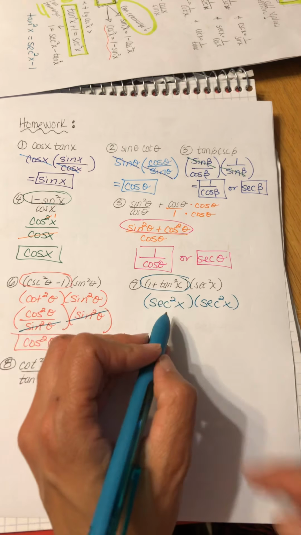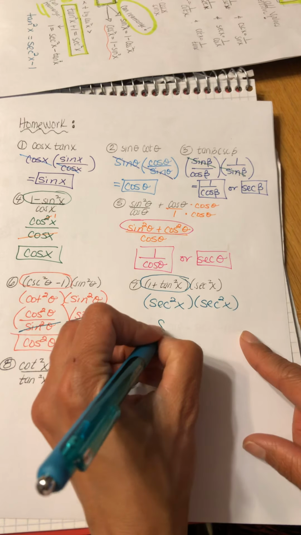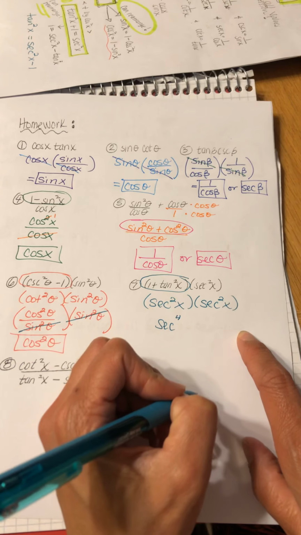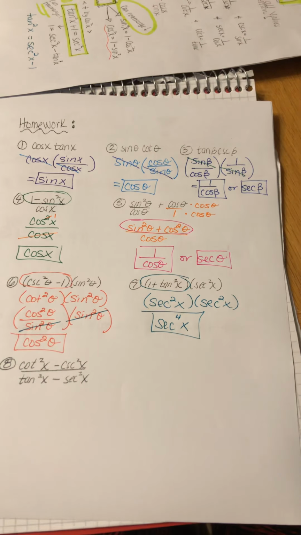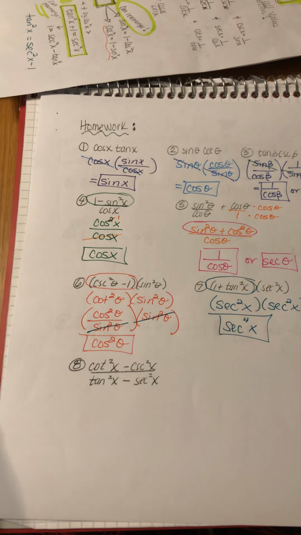Okay, now I have secant squared x times secant squared x. Well, secant squared times secant squared is now, what's your best guess, guys? Secant to the 4th of x.